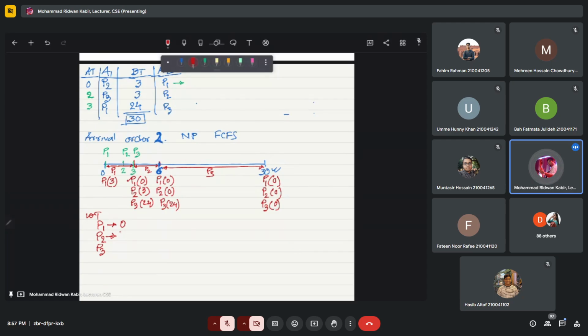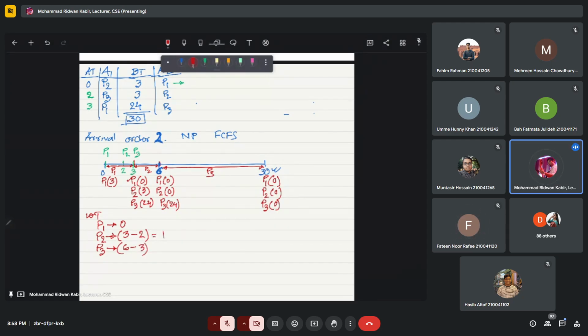But one thing you have to keep in mind is we'll write it down as a difference. So it has to be written as the time it got the CPU minus the time it arrived. P2 got the CPU at 3 minus the time it arrived, which is 2. And for P3 it will be the time it got the CPU, 6, minus the time it arrived, so it will be this value.